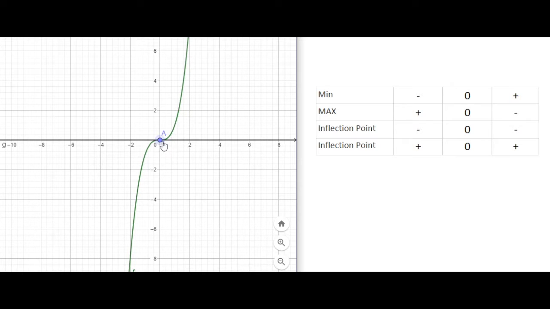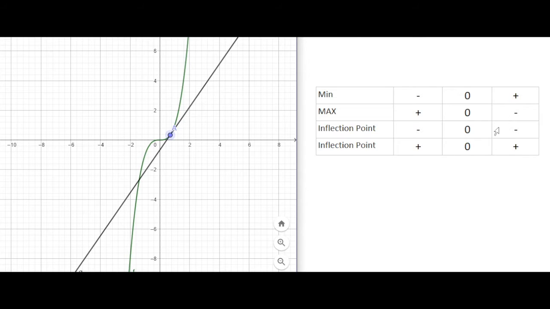But then when we move the point higher, the slope is still positive. What we remembered from the previous video is if it's a minimum point, it has to change from a negative slope to a positive slope, and if it's a maximum point, it has to go from a positive slope to a negative slope.